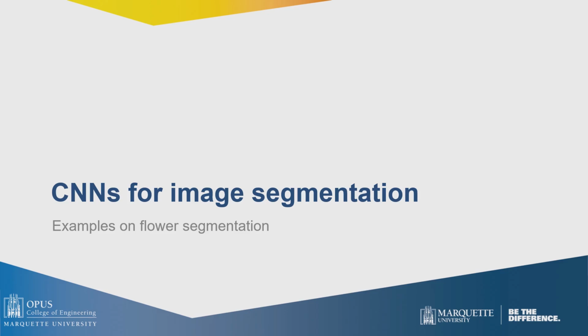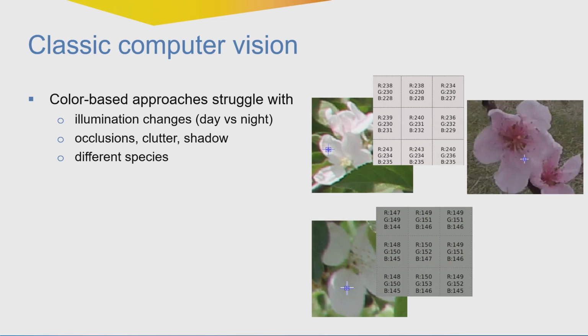I'm going to start talking about the strategies that have been explored for image segmentation, using our flower segmentation problem as a case study. If you think about the previous approaches, the most obvious thing would be to search for specific colors, which, as we can see in this example, won't work well.